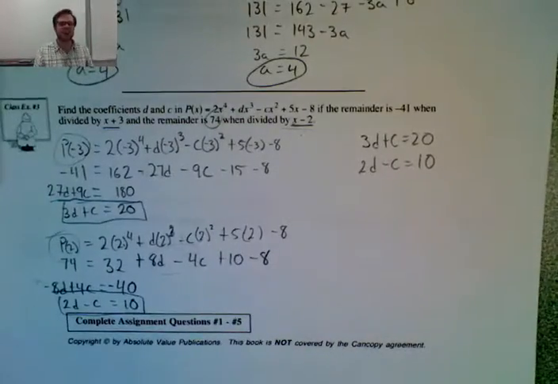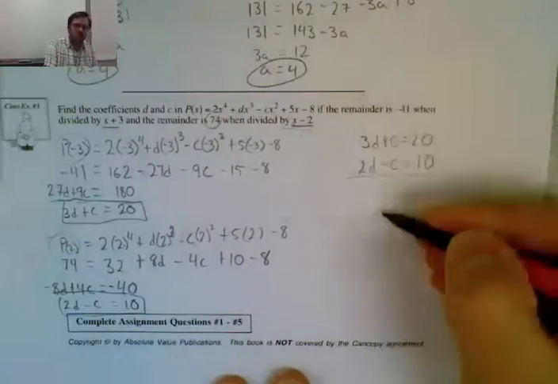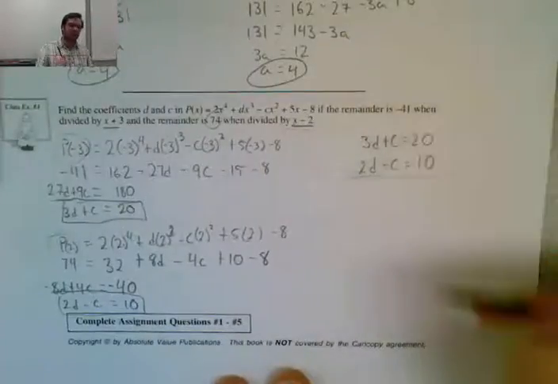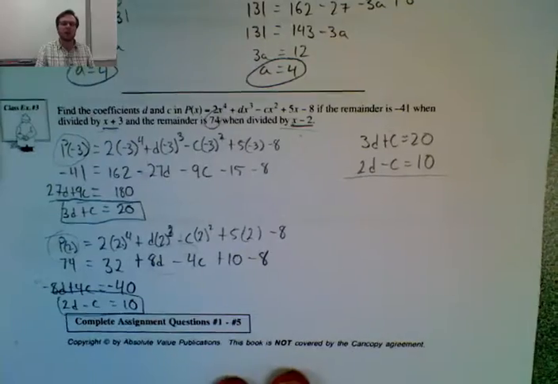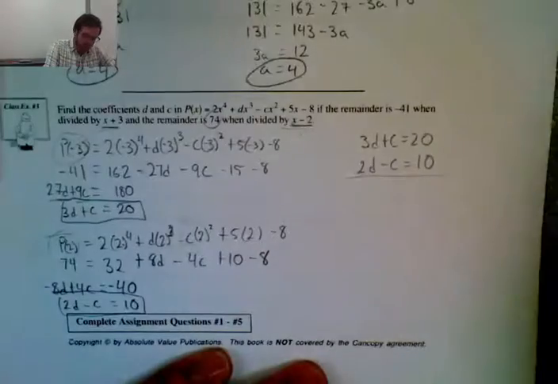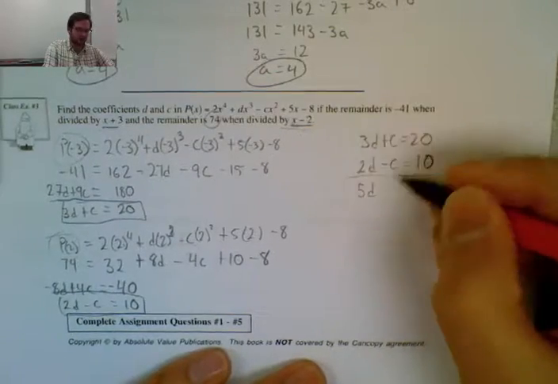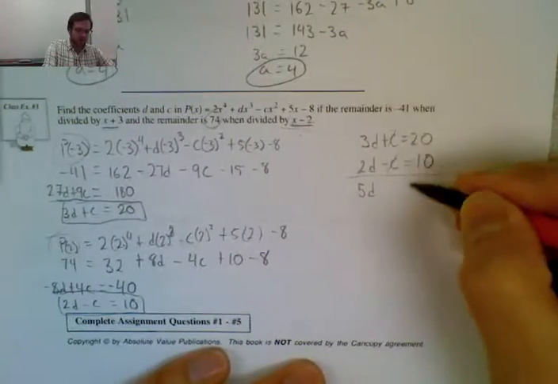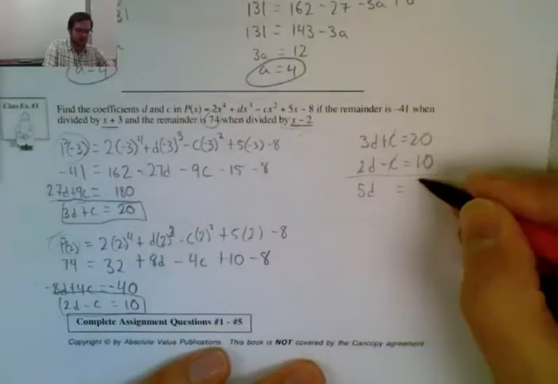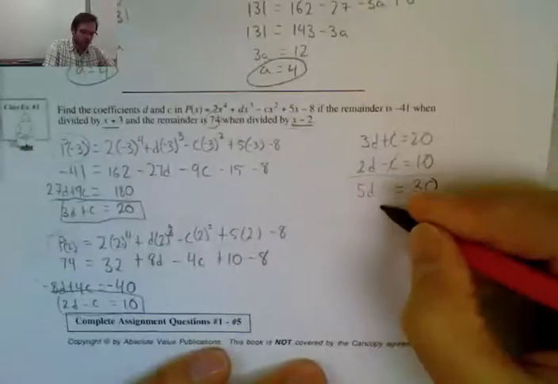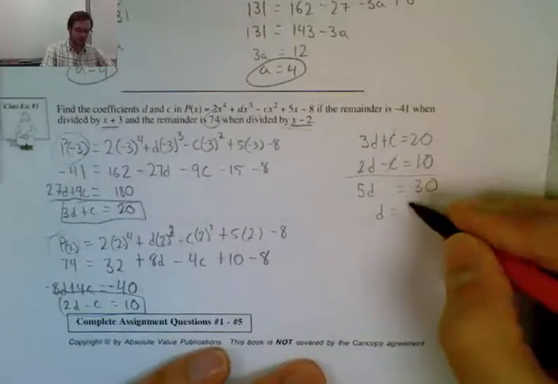So I could either add or subtract here. If I add these two equations together, my c's will nicely cancel off. So I'm going to be left with 5d, because these add together to get 5d, these will cancel, is equal to, these add together, give me 30. So in other words, d is equal to 6.